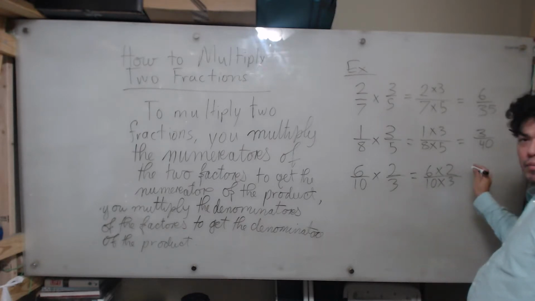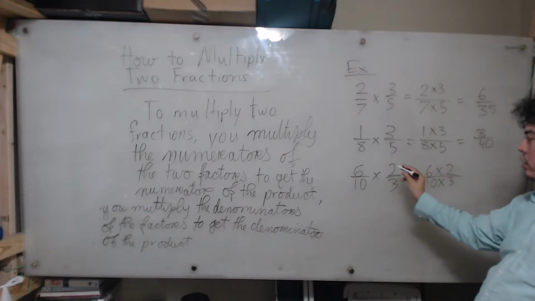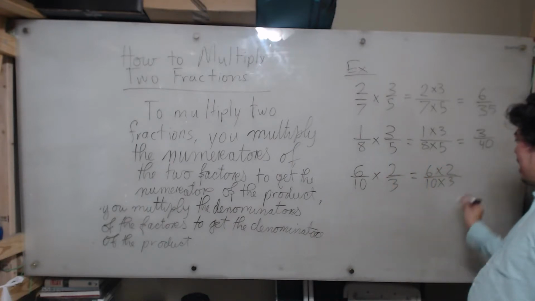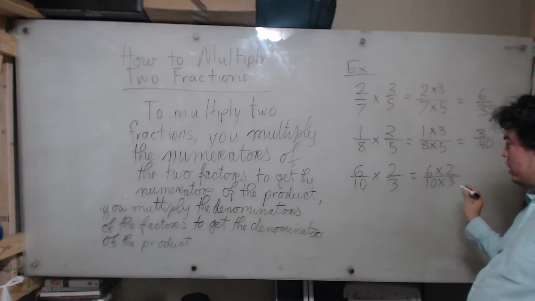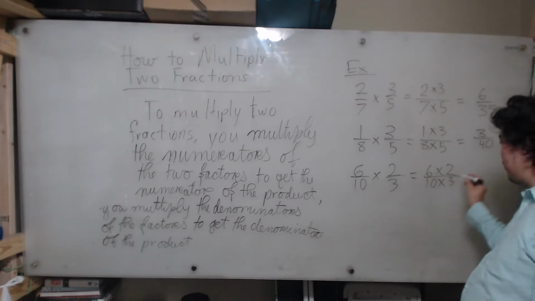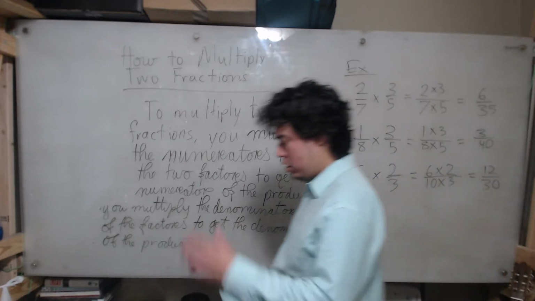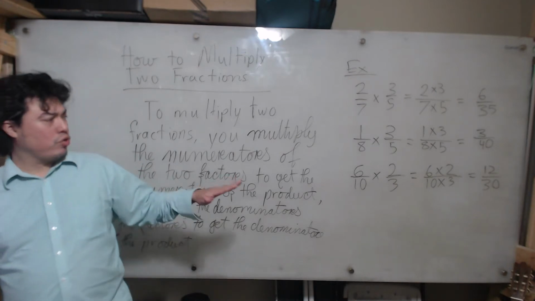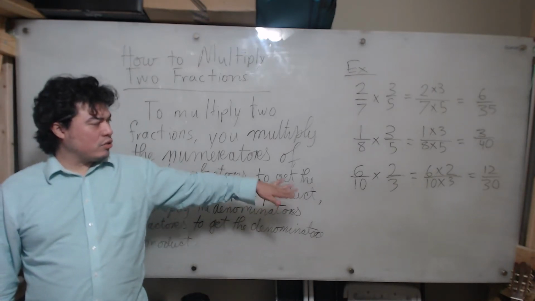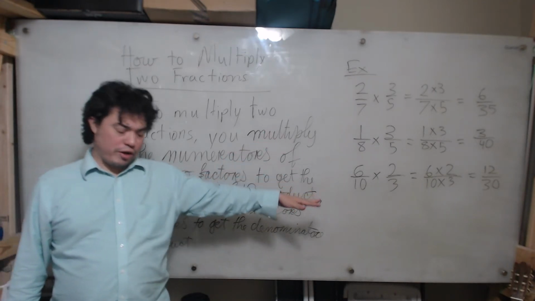Because the numerator of my product will be the product of the numerators of the factors, and because the denominator of my product is the product of the denominators of the factors. 6 times 2 is 12, 10 times 3 is 30, and so I can see here that the product of the two fractions, 6/10 and 2/3, is the fraction 12 over 30.